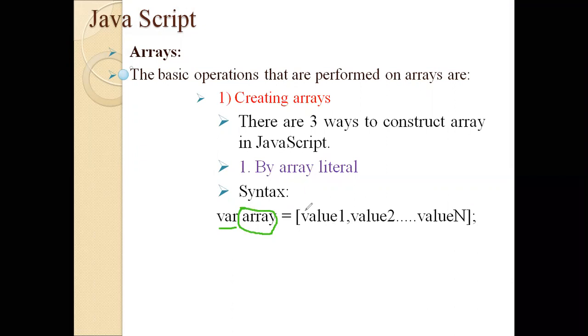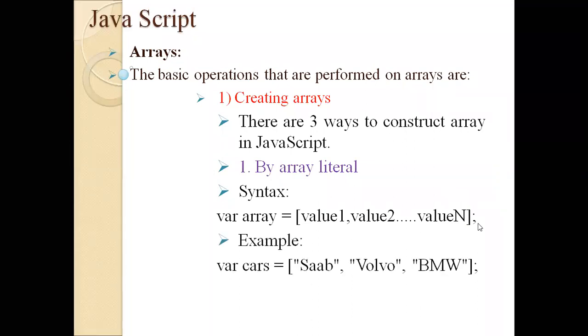When the same name stores multiple values, that will be an array. So we use the var keyword followed by the variable name equal to the values we want to store inside that array: value 1, value 2, value 3, and so on, value n. This is how we can create an array by using array literal.